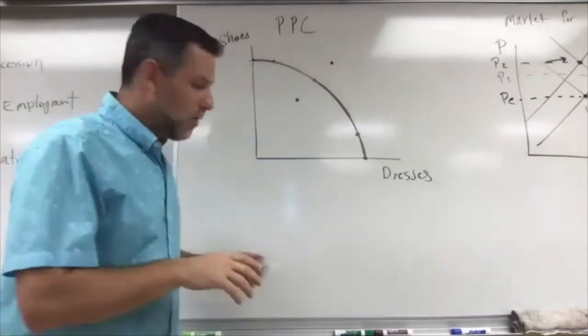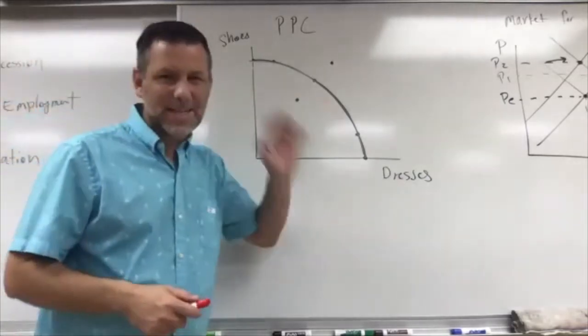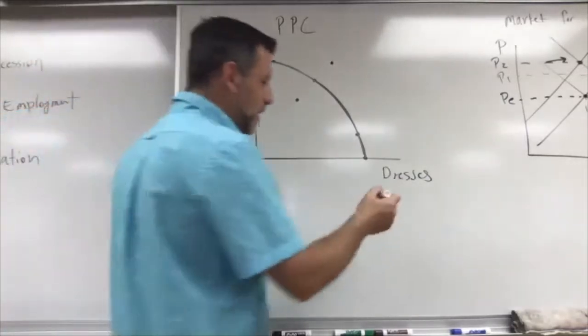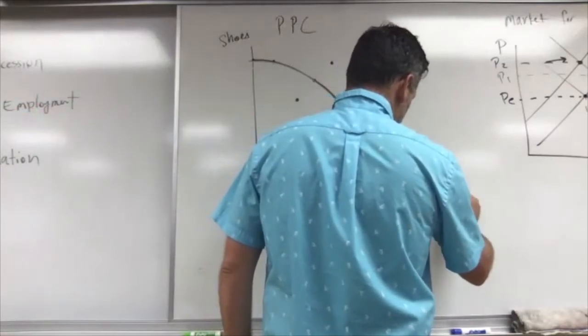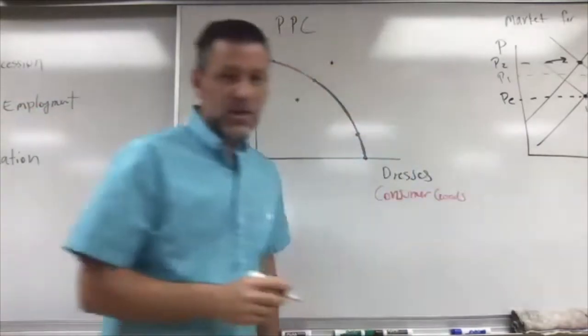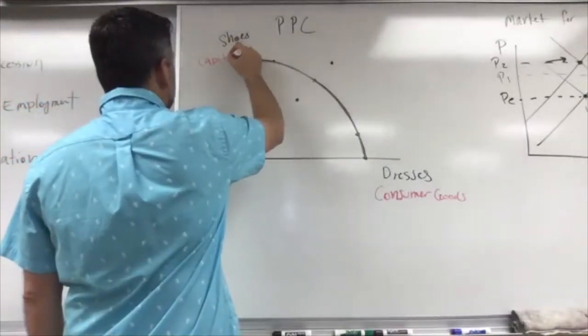Because in macro, instead of shoes and dresses, this is going to be consumer goods and capital goods.